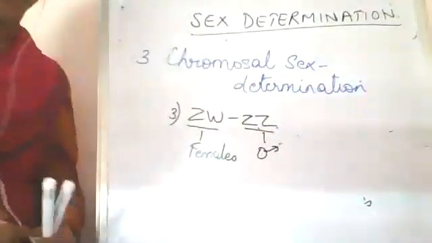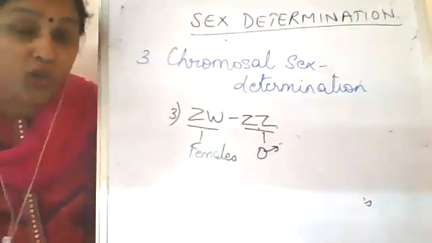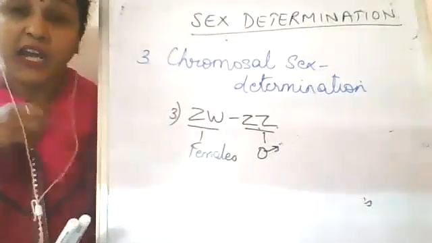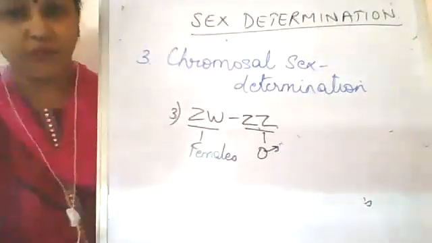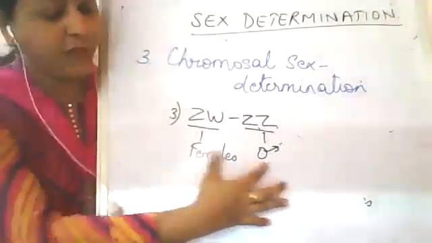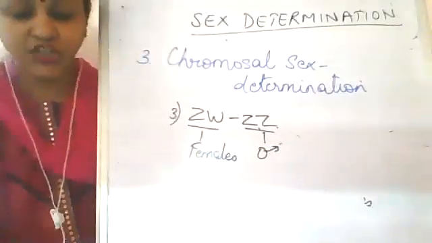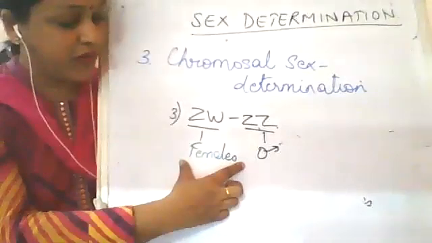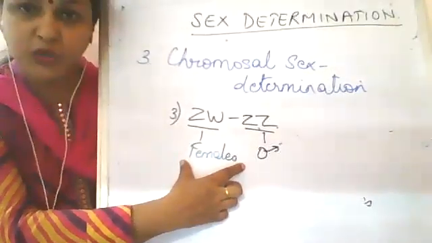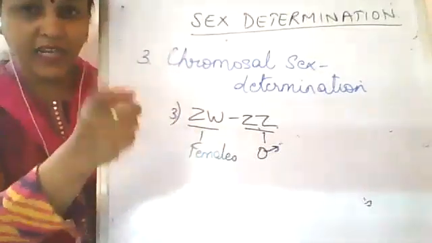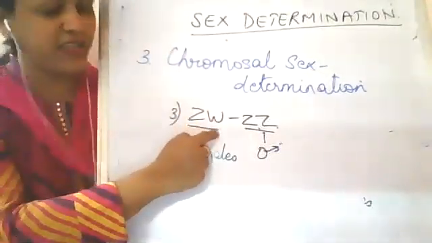Both have two sets of chromosomes, it is not that one chromosome is missing. But the type of chromosome, whether homotype or heterotype, determines the gender of the child. So the females will produce two types of eggs: the first having autosomes plus the Z chromosome, the second having autosomes plus the W chromosome.